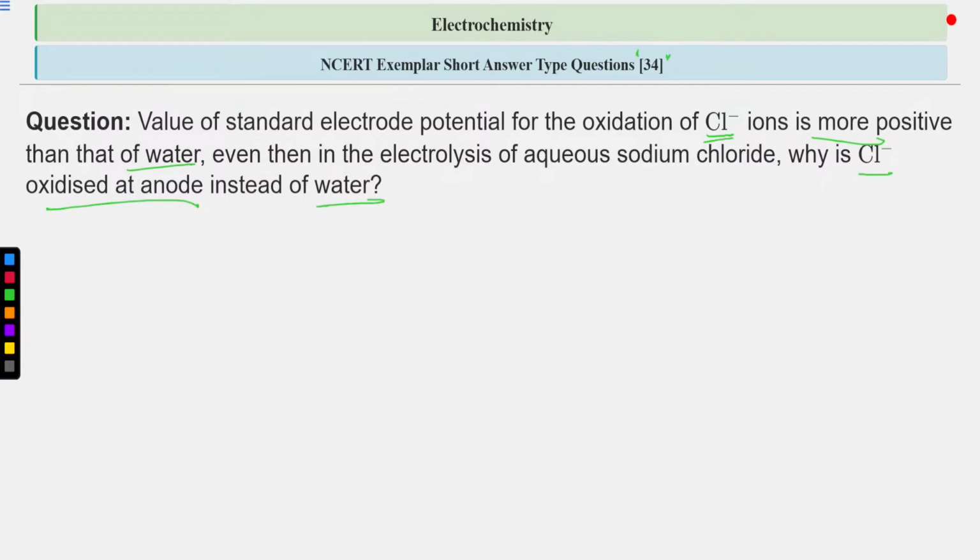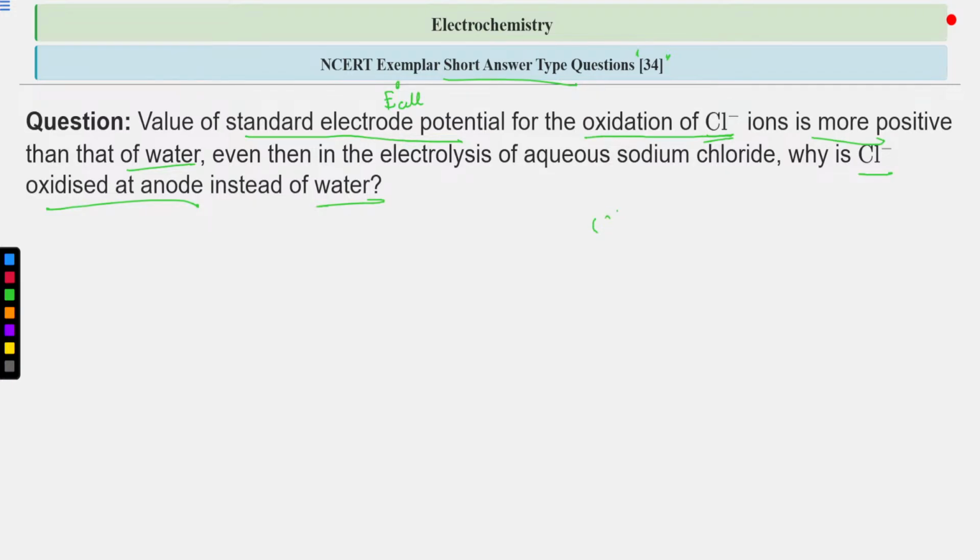Try to understand what our question is asking. This is a short answer type question, so you have to explain it in some 2 or 3 lines. We are talking about the E naught of the cell, the value for oxidation of chloride ion.